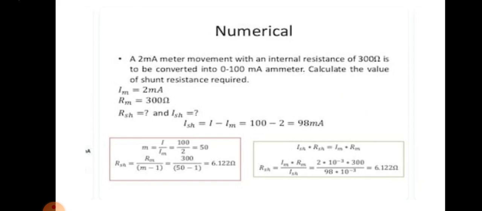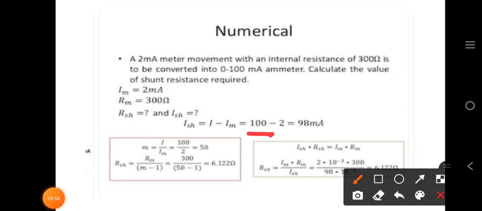Here the IM is given as 2 milliampere and the RM is given as 300 ohm. Now we have to calculate RSH and ISH. ISH is the main current minus the IM, so 100 minus 2. The range that we have to extend is 100, and the present range is 2, so 100 minus 2 is 98 milliampere.